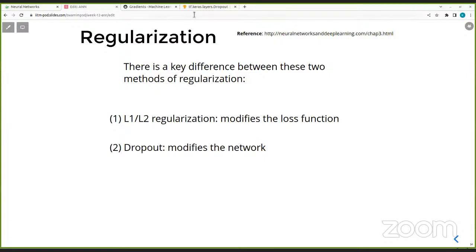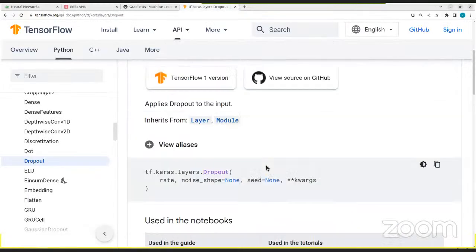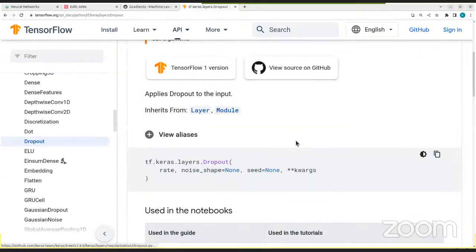Sir, can we say that when we are dropping out a node, there will be less load in the computational part? I don't think we can say that, because if you look at the implementation, they effectively apply what is called a binary mask.